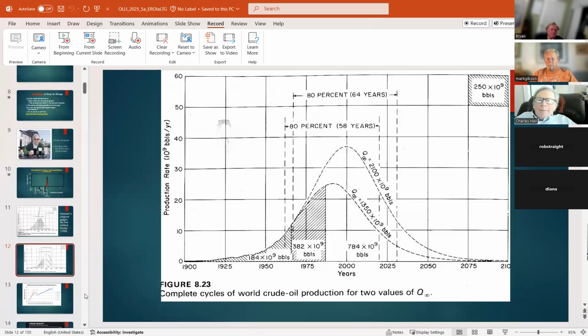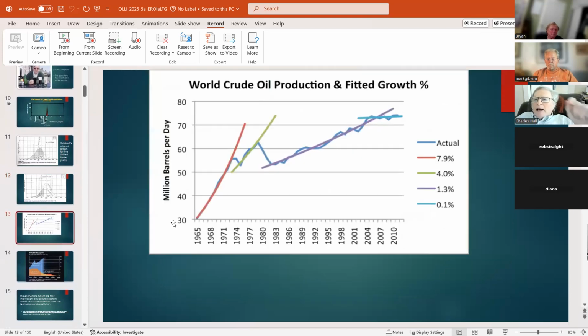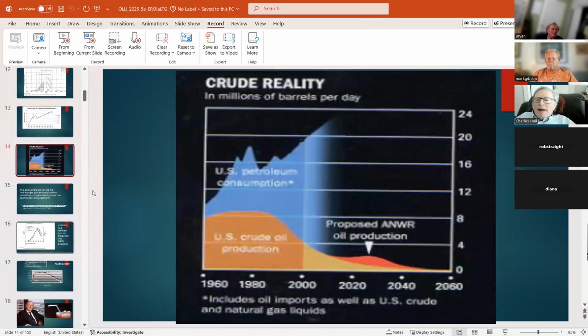Well, what happened? Now, the first thing that happened is that the growth rate in our use of oil has slowed enormously and even become flat. This is for conventional oil. And if we look back then, they thought U.S. crude oil production was going to go down, while the top of the blue line is what our consumption would be if we continued on this rate.